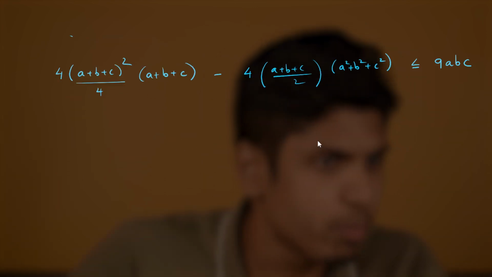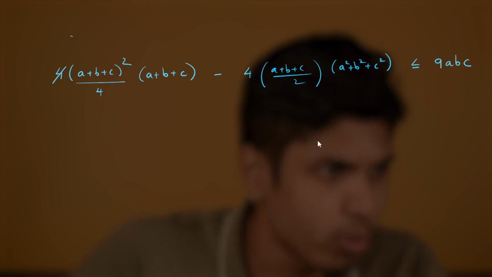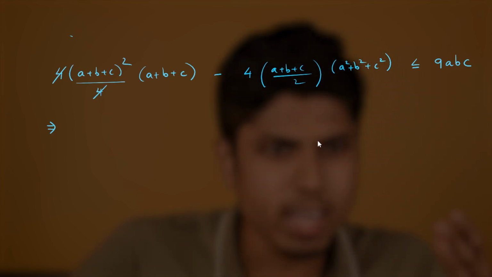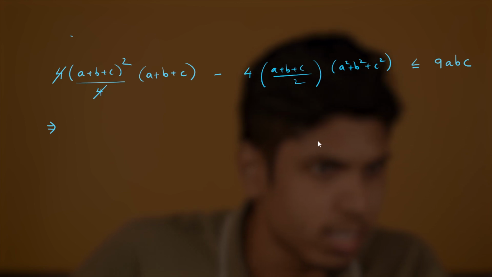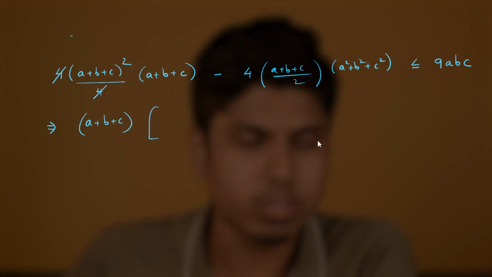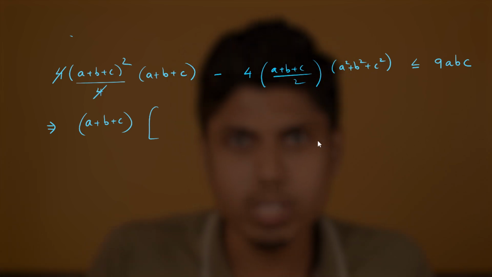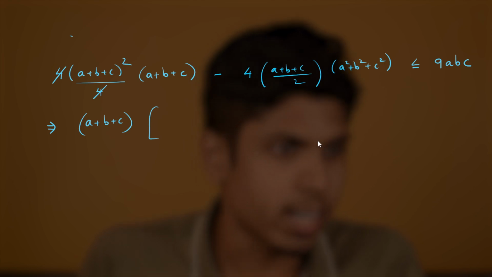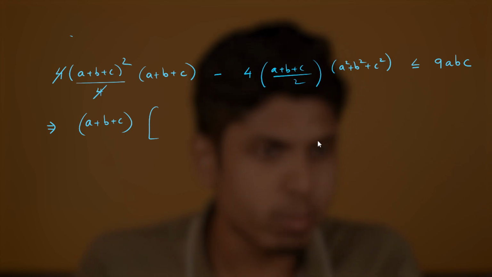Alright, so simplifying this, 4 and 4 get cancelled, and let's take the a plus b plus c outside, and we would get (a plus b plus c) times (a square plus b square plus c square plus 2ab plus 2bc plus 2ca). That would be the expansion of (a plus b plus c) whole square. And we will be subtracting (a square plus b square plus c square) times 2 from it.